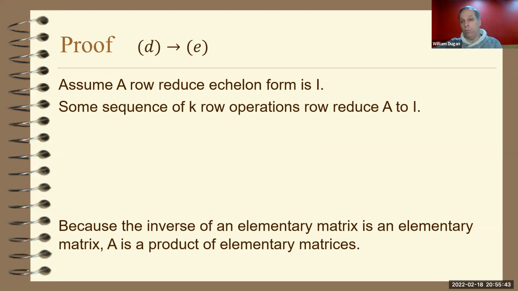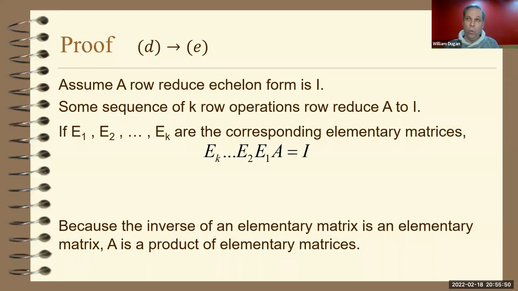So there's some sequence of row operations, let's say there's K of them, that row reduce A to I. But we also know that for every one of those row operations, there's a corresponding elementary matrix so that we can do that row operation instead by matrix multiplication on the left-hand side of the matrix, as I wrote down here. But that's now a matrix equation.